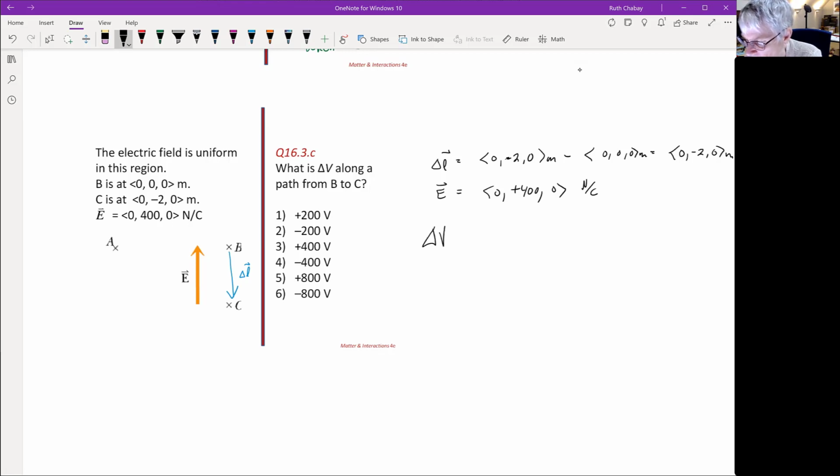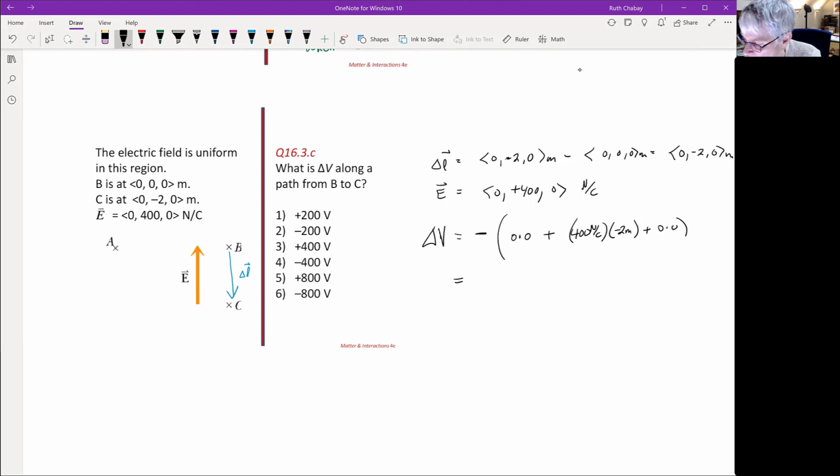the change in electric potential is going to be minus E x delta x, so 0 times 0, plus 400 newtons per coulomb times a negative 2 meters plus 0 times 0.